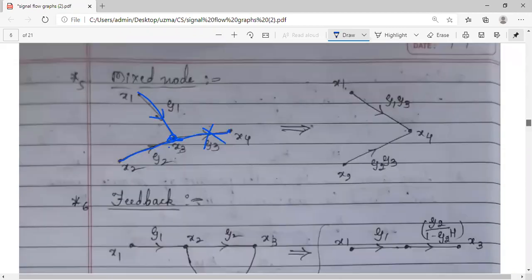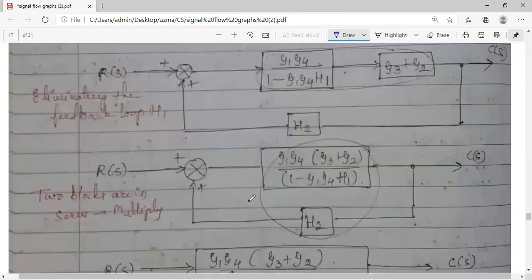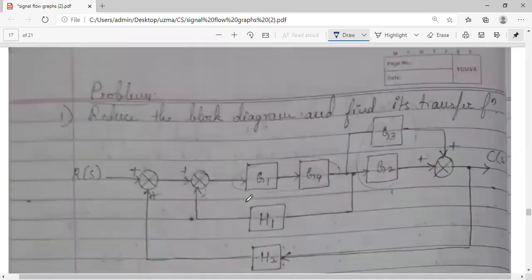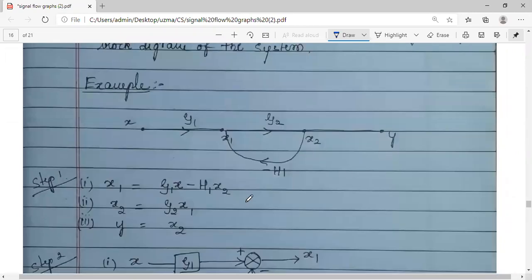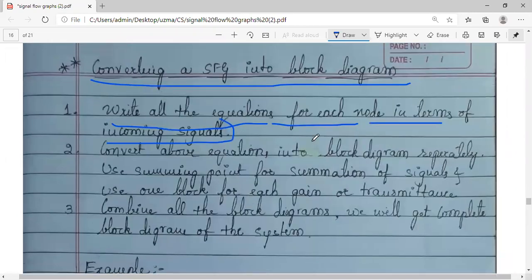So remember, the first step in conversion is you have to write the equations for each node in terms of incoming signals only. Now the second step, convert the equations which we have written into a block diagram separately. Try to remember, if equations are given to you, how you used to draw the signal flow graph.